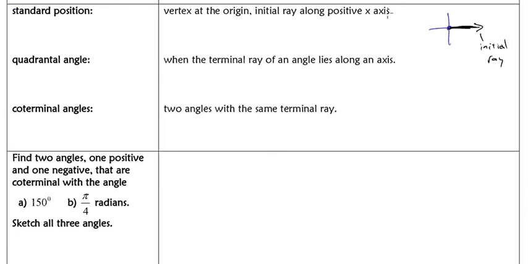And you'll be measuring always counterclockwise. We've talked about that a little bit in the last few videos, but just to be more explicit about it, that's going to be positive angle measures. So a positive number of degrees or positive number of radians will move around the circle in a counterclockwise direction.